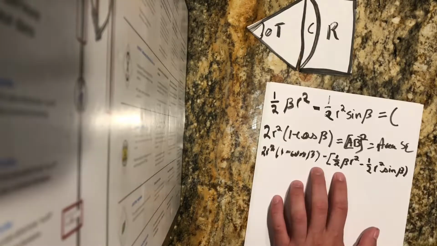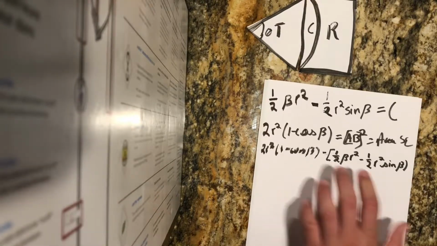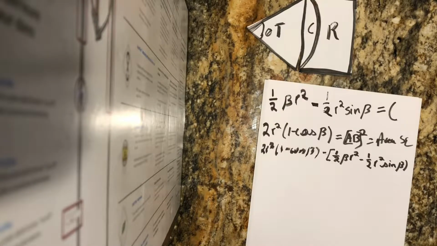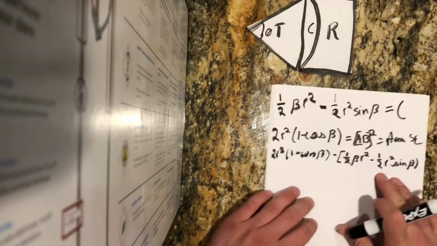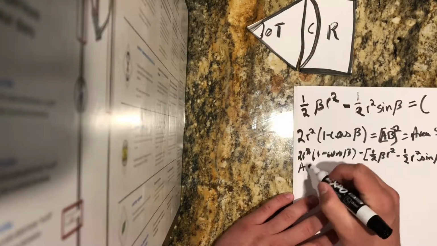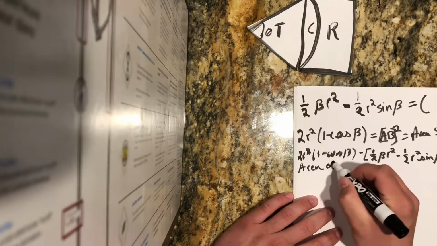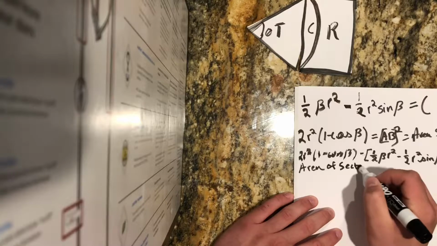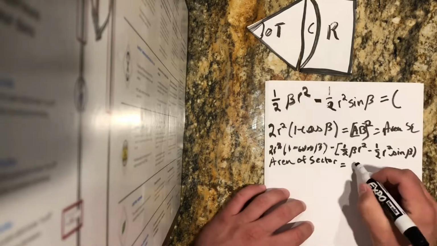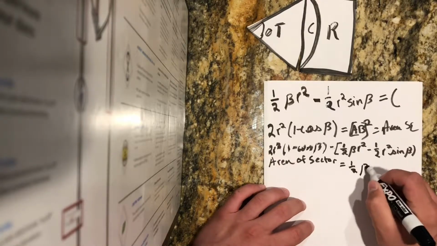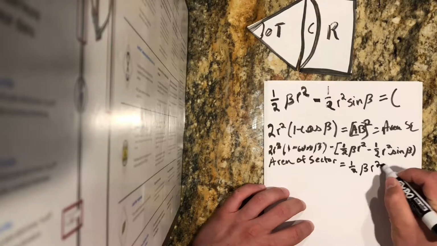Now we have to look at another part of the question. The area of R is more than twice the area of this sector. So the area of the sector is equal to 1/2 theta or beta R squared.